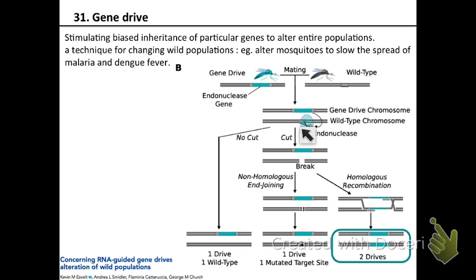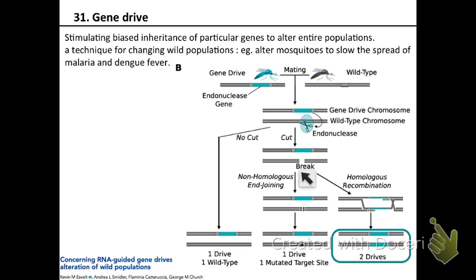When it cuts here, because the surrounding regions here and here contain homology to these sites, it can repair this break by homologous recombination, copying the sequences from the gene-drive chromosome into the wild-type chromosome. So some of the progeny will contain, again, two gene-drive alleles. That means exactly what you put here in the nuclease.